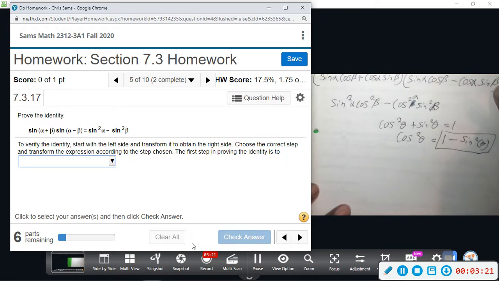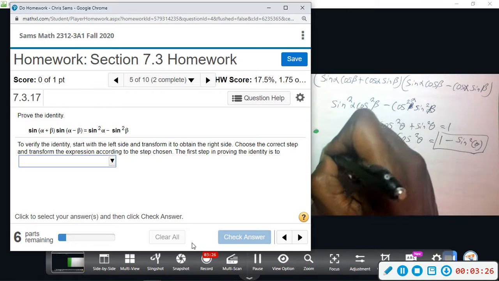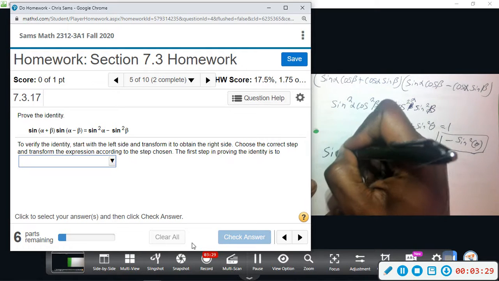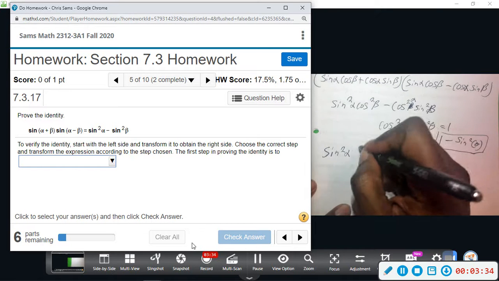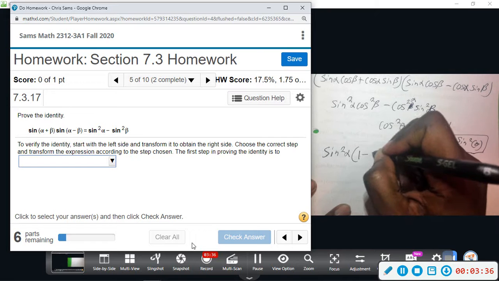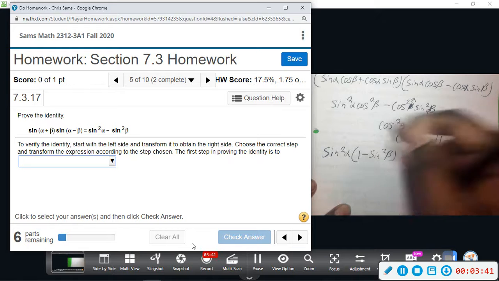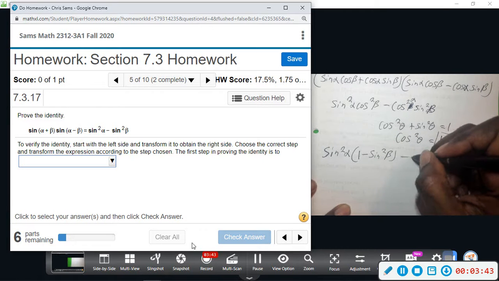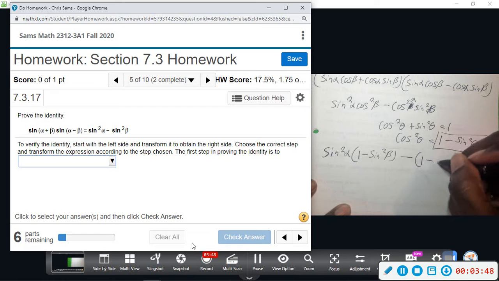So that's sine squared alpha, and we're going to replace this with 1 minus sine squared beta, because the angle is beta, and then minus cosine is also going to get replaced: 1 minus, this time it's going to be sine squared alpha, times sine squared beta.